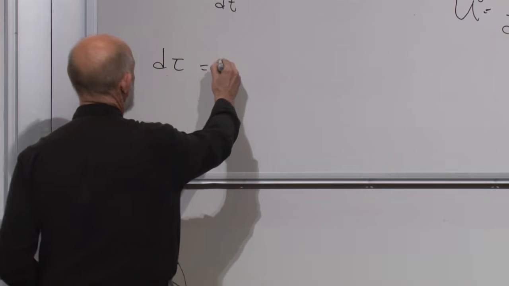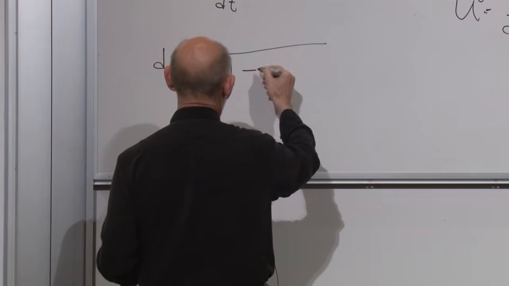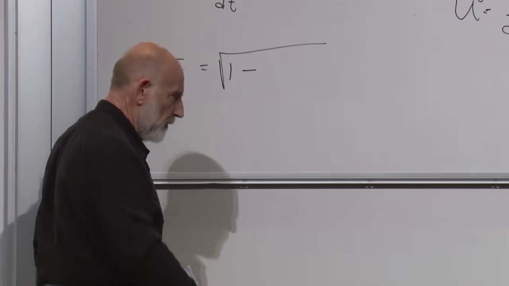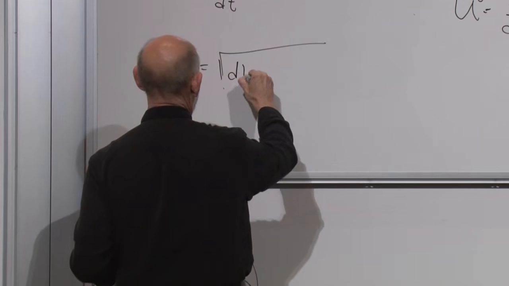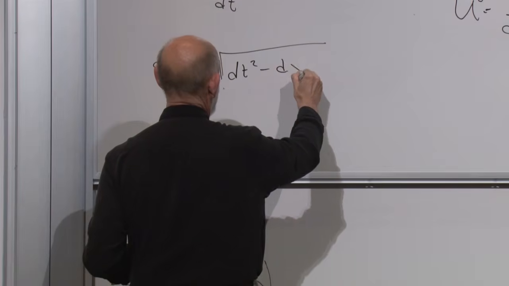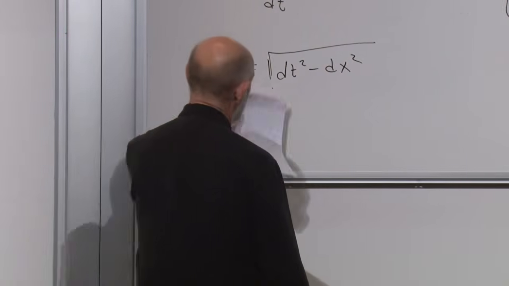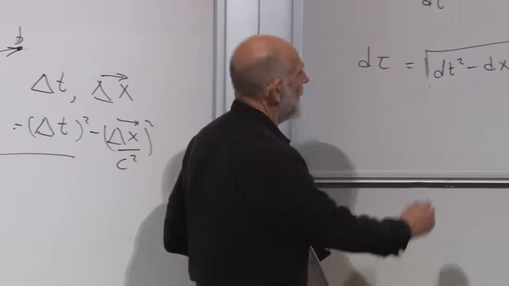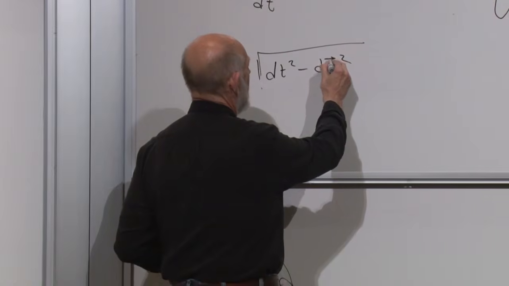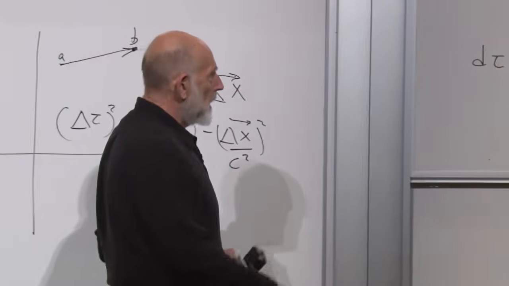d tau is the square root of dt squared minus dx squared. That's just rewriting this thing here, but with differential notation. dx squared means all three components, the sum of the squares of all three components.